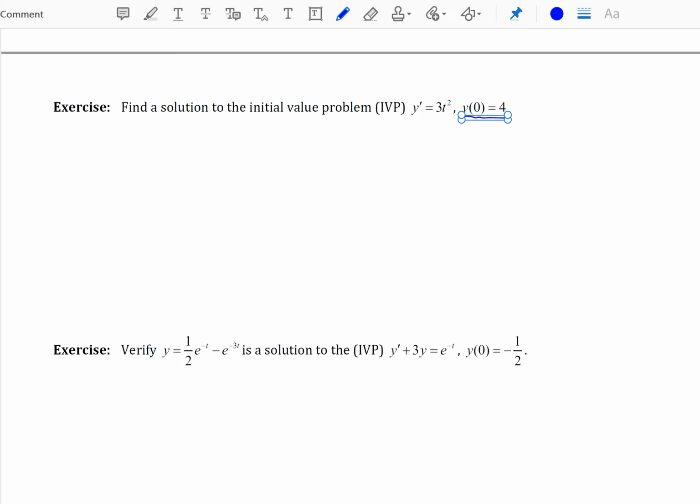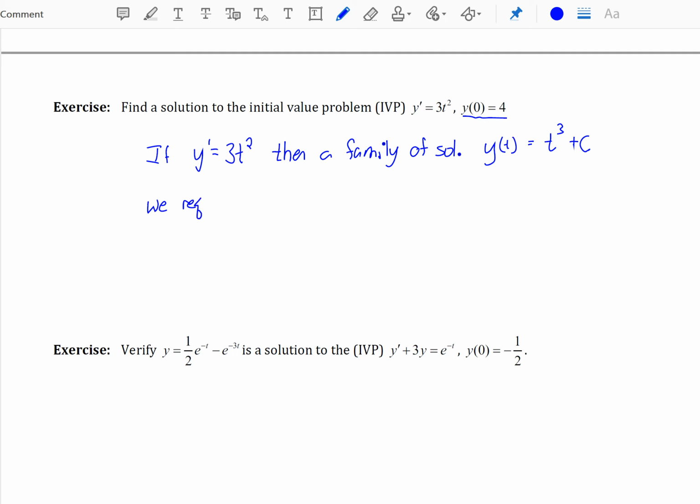So we know that if y prime is equal to 3t squared, then a family of solutions looks like y of t is equal to t cubed plus c. Here, we require y of 0 to equal 4.